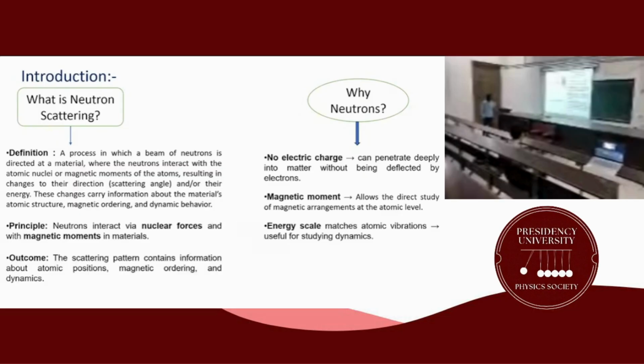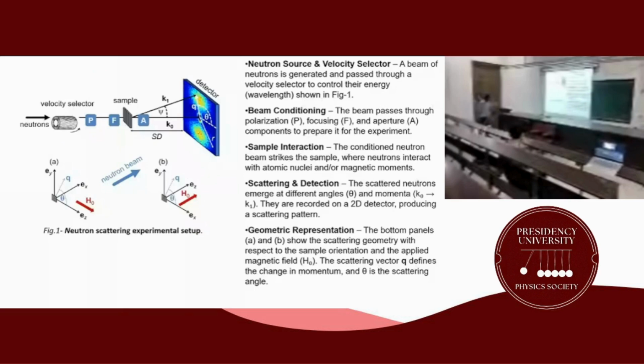But when we have material, the neutron gets reflected at some angle, and maybe here also we possibly detect neutrons. This information we get as data, and it provides us what the material is about.